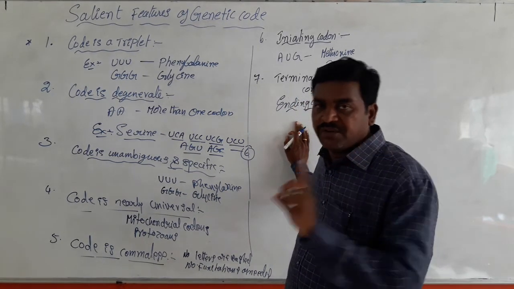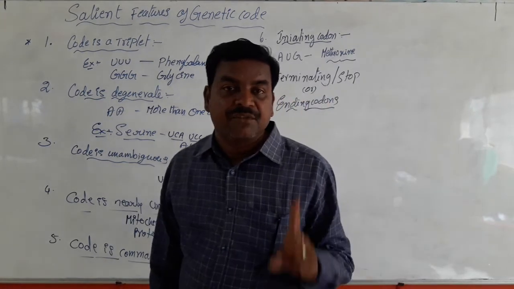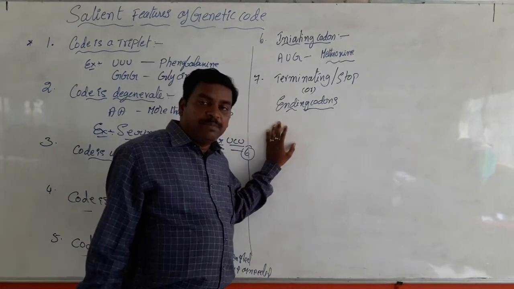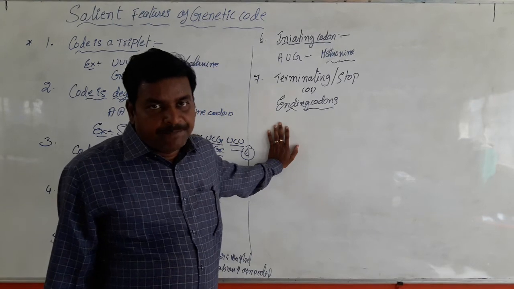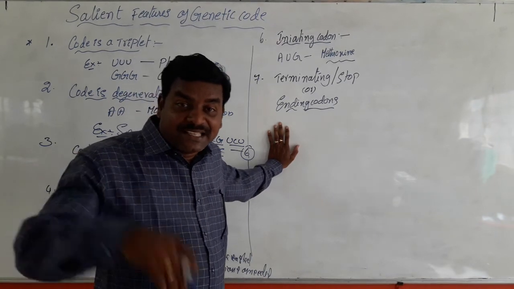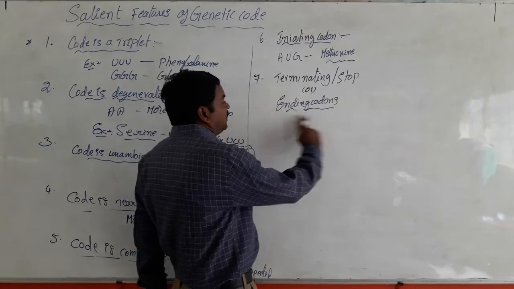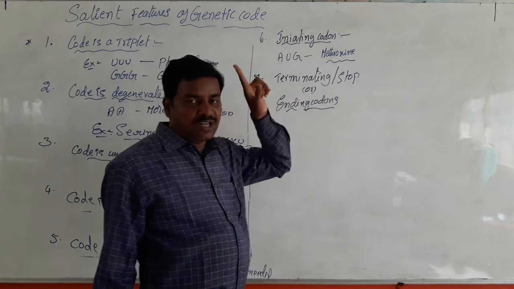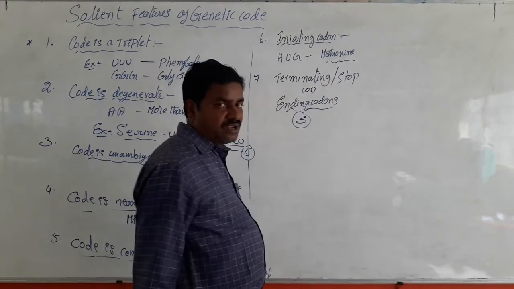They do not code for any amino acid, but they help in the termination of polypeptide chain formation. Such codons are called ending codons, terminating codons or stop codons. There are a total of 3 ending codons or stop codons.